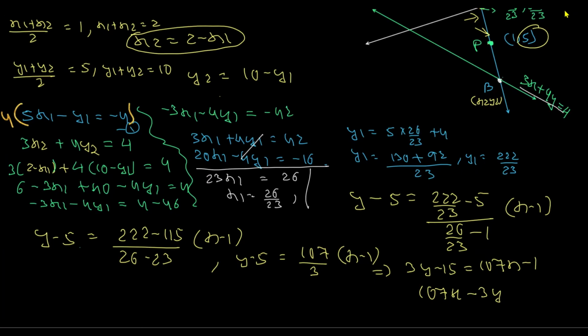So it was 107x, and then if I add 15, on transposing 15 to this side, minus 92 is equal to 0. So we'll say that this is the final answer of this question.